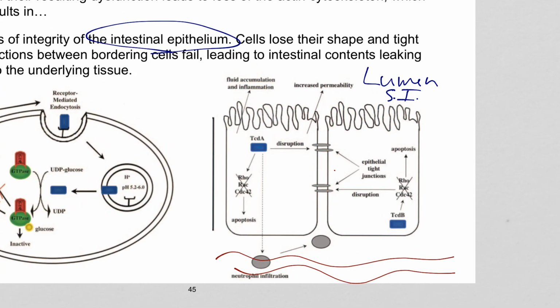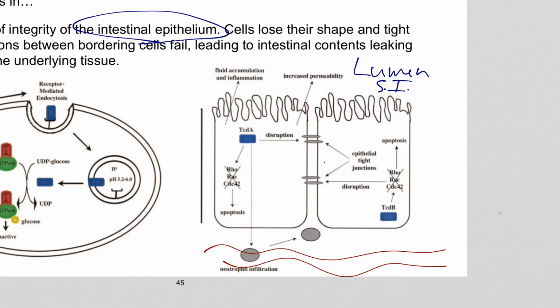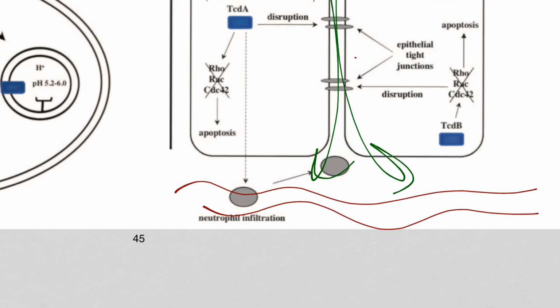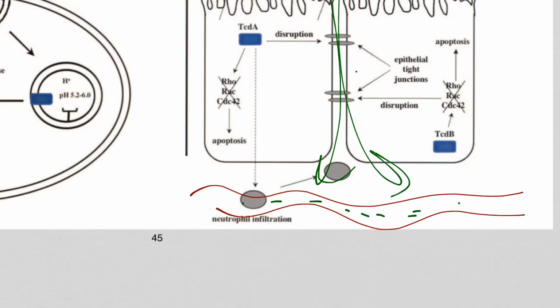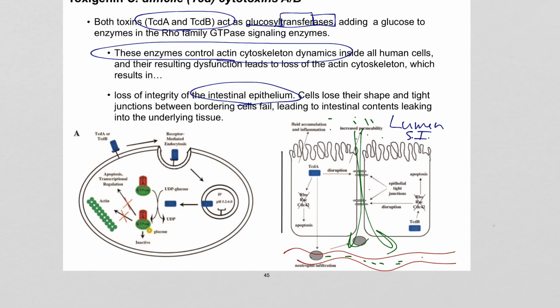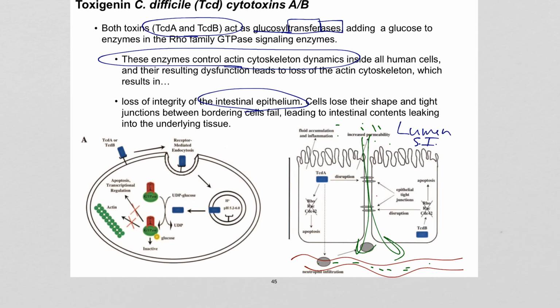Cells start dissociating from each other, and what you get then is all the intestinal contents that are inside your small intestine start leaking through the intestinal epithelium and into the blood. And so you essentially get the internal blood supply of your body exposed to your intestinal contents, which is a really horrible thing. This explains the symptoms of C. diff, which is horrible intestinal damage and diarrhea.